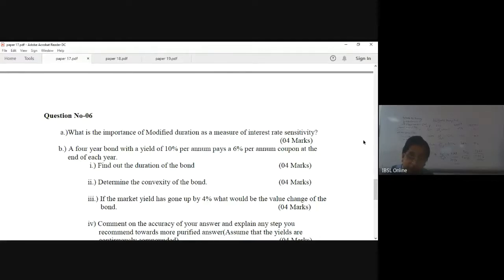In the 2nd year, it is 60 into e to the power minus 0.2. Likewise, you get all the cash flows, and you do the calculation and get the total present value, and get the weights. So that is one part of it. Then the last part would be the weight into the time factor, where you get the total as the duration.